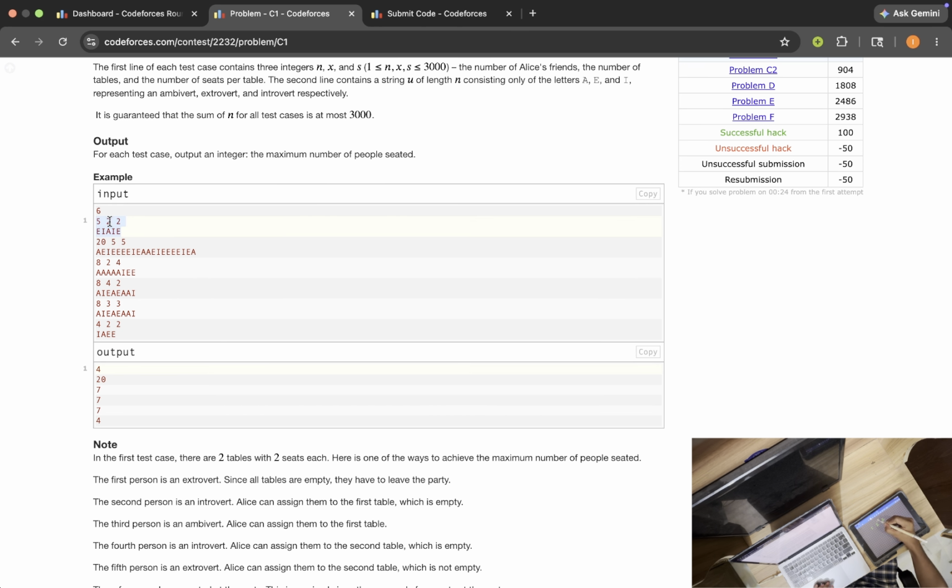X is the table. Number of seats and number of peoples. E I A, I E. Okay. A is always a good thing.